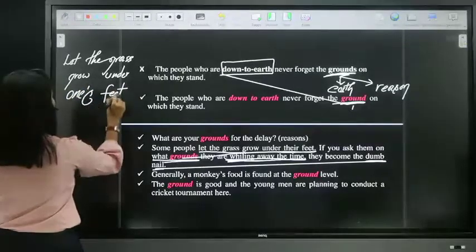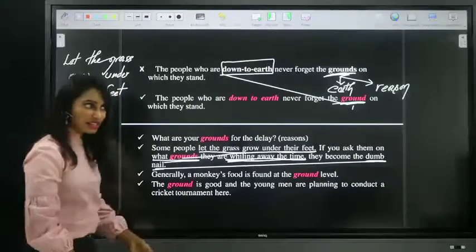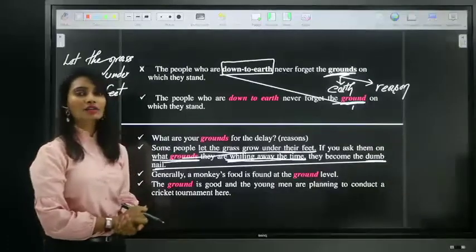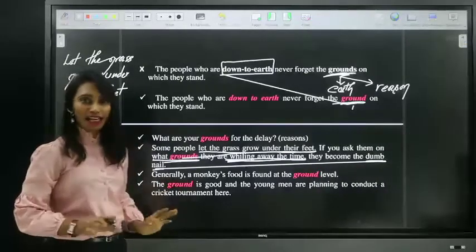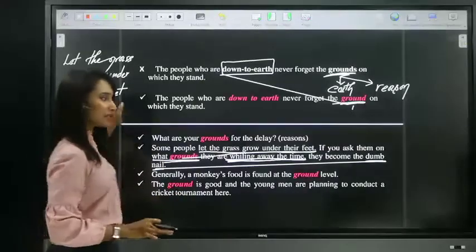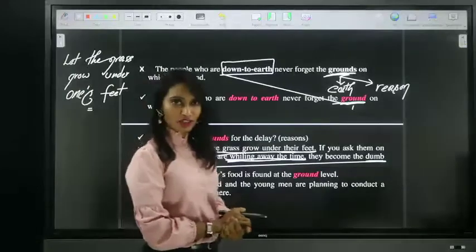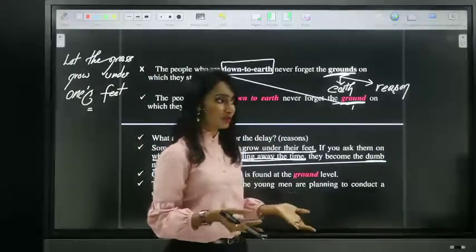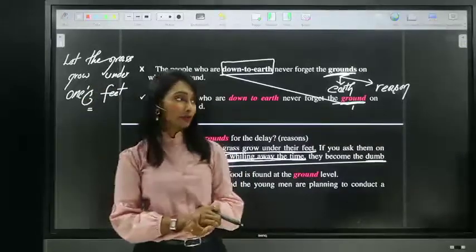It is an idiom, which does not mean growing the grass under your feet, or wearing slippers with grass, or standing on the grass. Can anyone tell me the meaning of let the grass grow under one's feet? Your feet, my feet, or somebody's, whatever it is. You can replace one with whoever you are talking about.